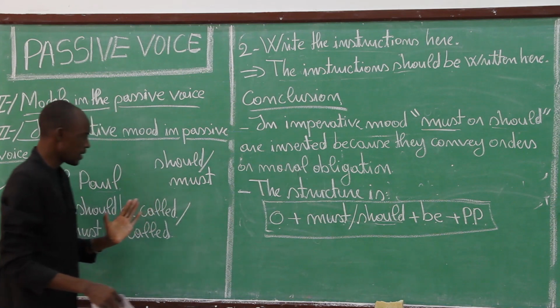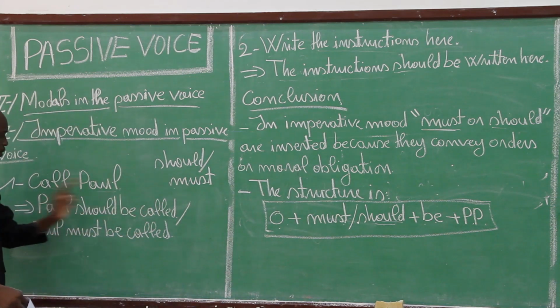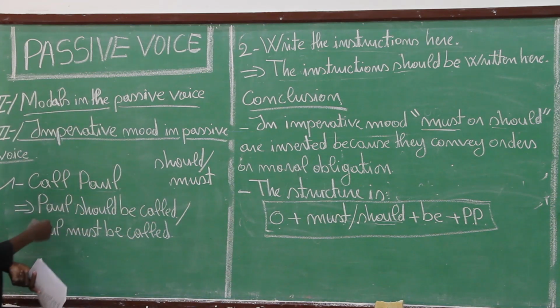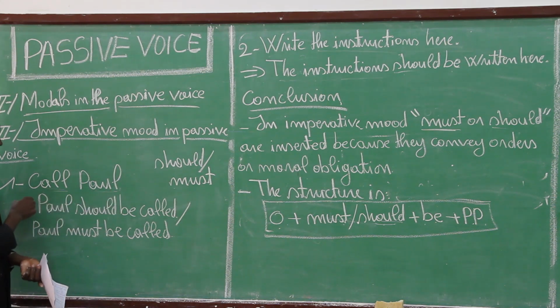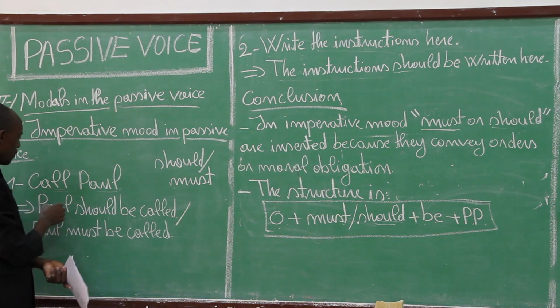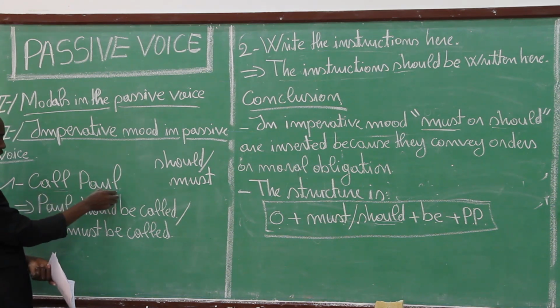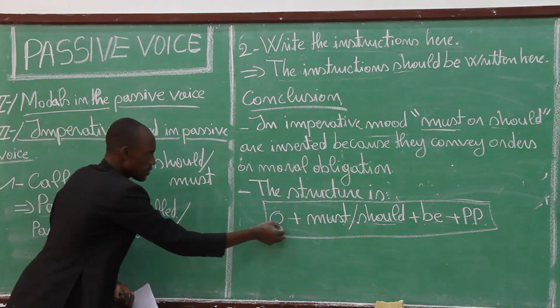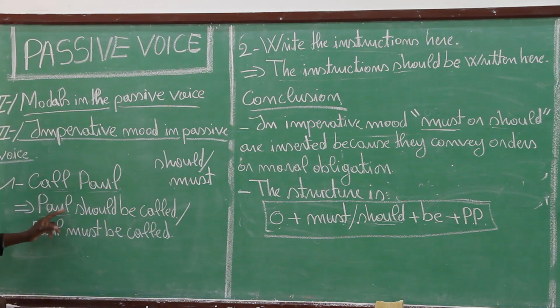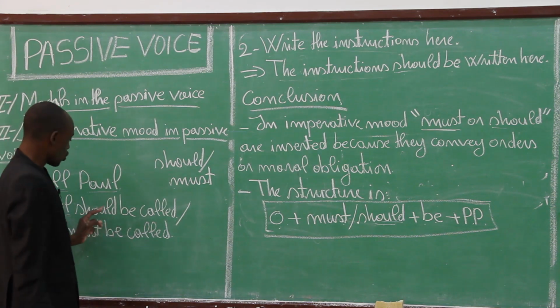Let's come back here. We have "Call Paul." This is the object and the verb. And in passive voice, this object starts the sentence. We have Paul as the object, as our structure says, and after the object we have should or must.